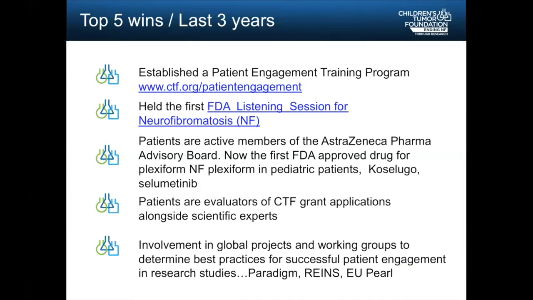We identified patient education and training as vital if patients are to play a central role in research and development. And CTF trains patients to confidently partner with researchers, industry, regulators, and others in the medicine research and development space.